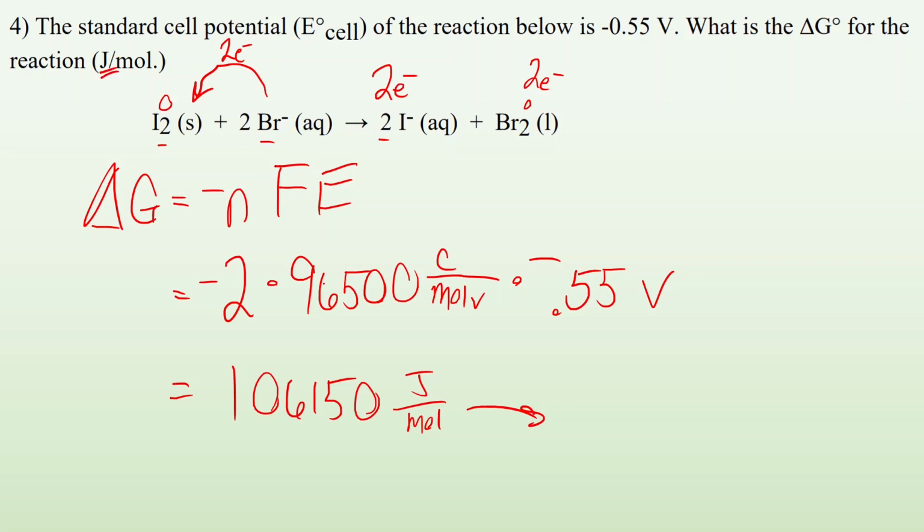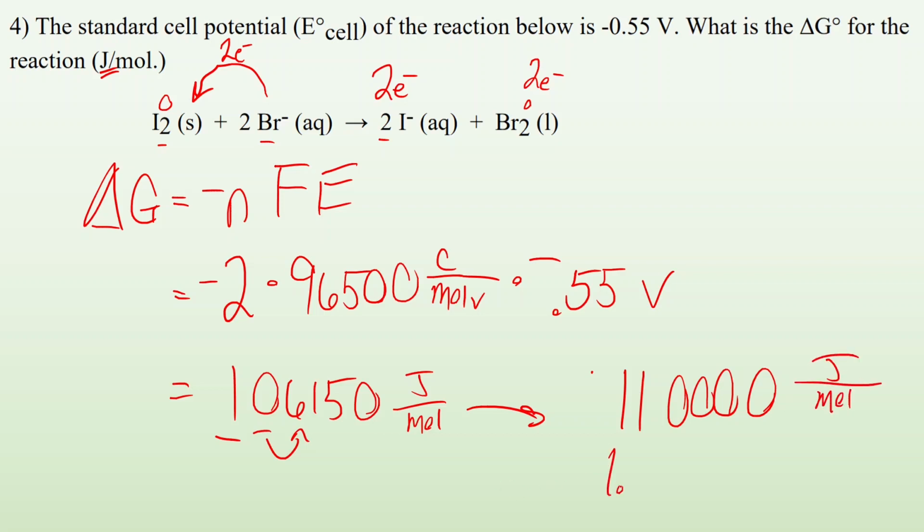It's just in joules per mole, so I don't have to do any conversions. I end up with, let's see, 1 sig fig, 2 sig figs, see what's next to it. It's a 6, so it rounds up. 110000 joules per mole. If you were to put that in scientific notation, it would just be 1.1 times 10 to the 5th joules per mole. Let's see, 1, 2, 3, 4, 5. Yeah. So there you go. Written either way is acceptable.